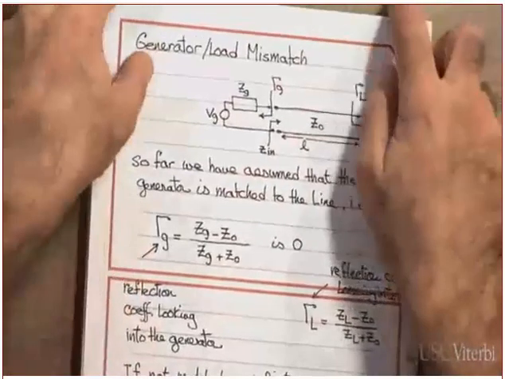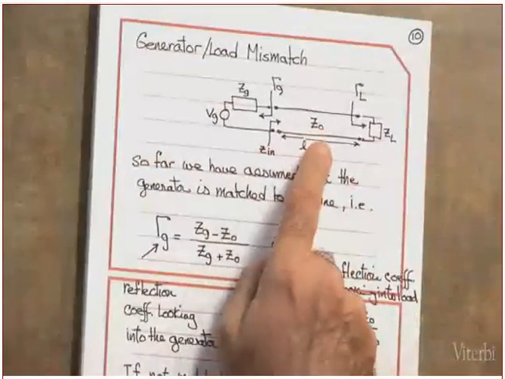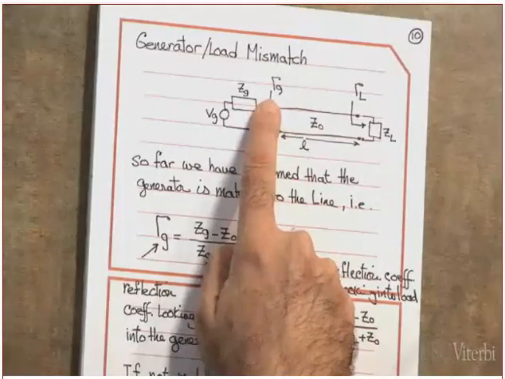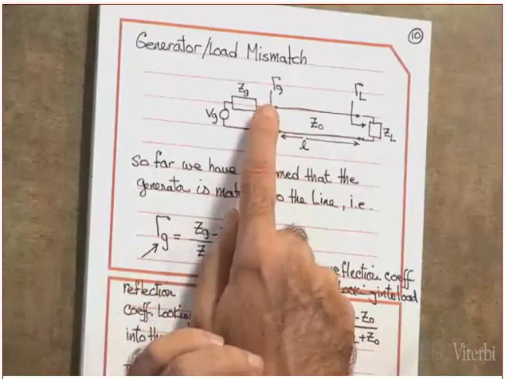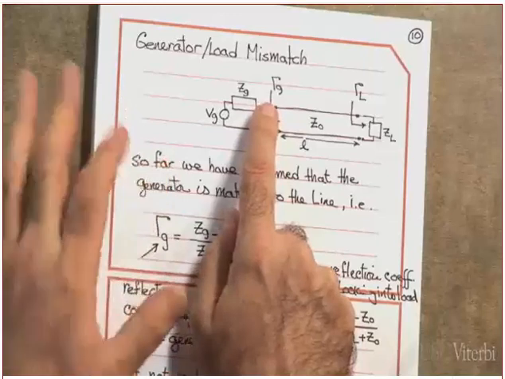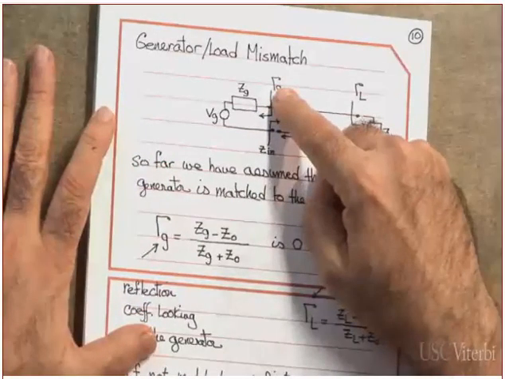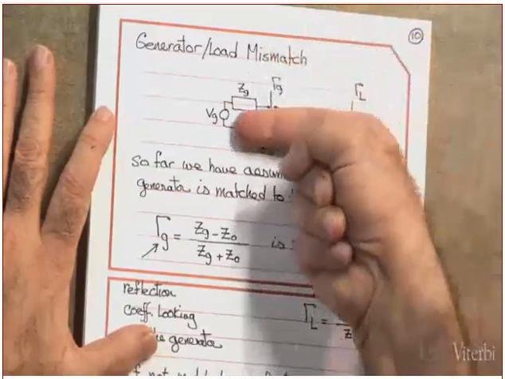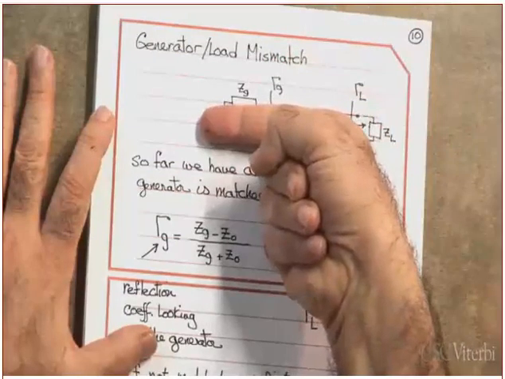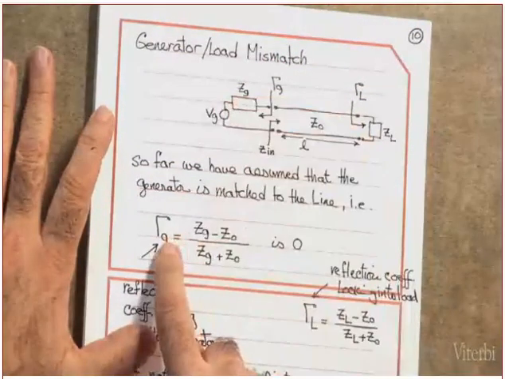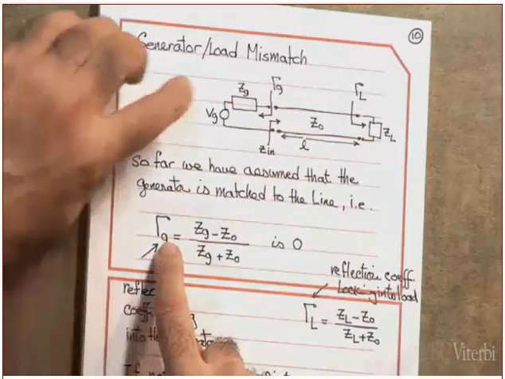Okay, let's see if you can help me. This is now the situation. I need to define a new reflection coefficient, and this is a little bit of a tricky part, so you need to understand what I'm saying. From which point am I looking? I'm looking in here, backward. Do you follow me? What is gamma G equal to?